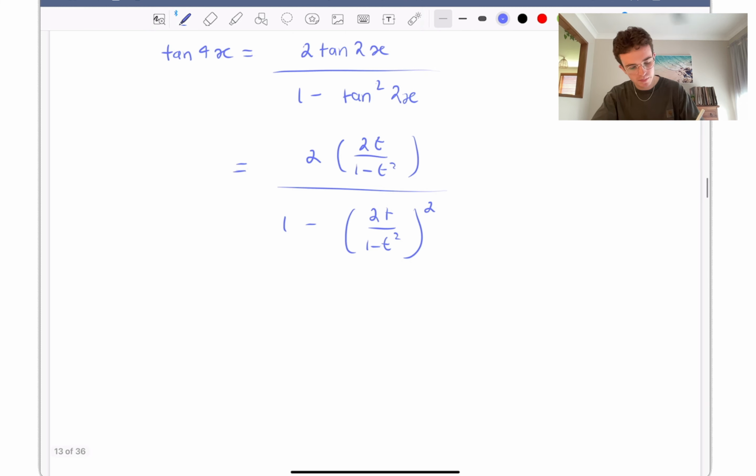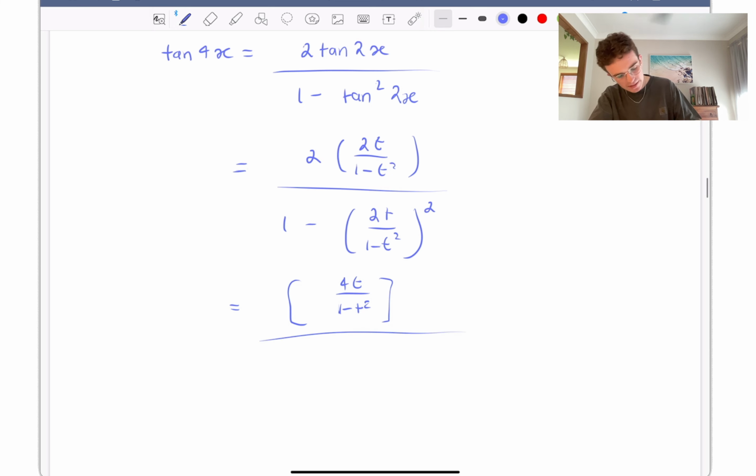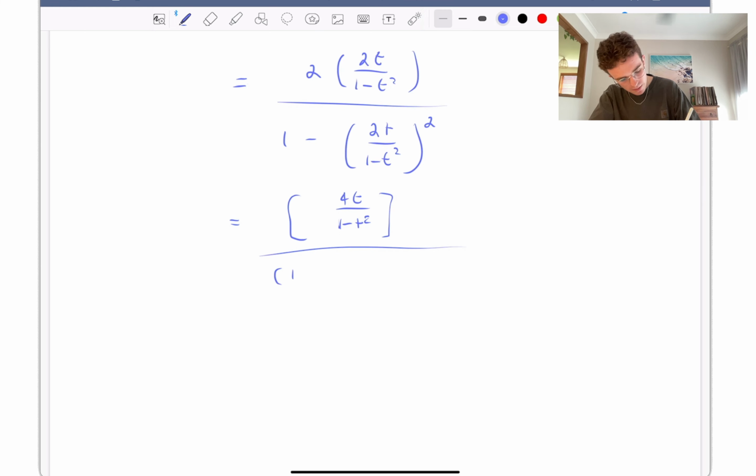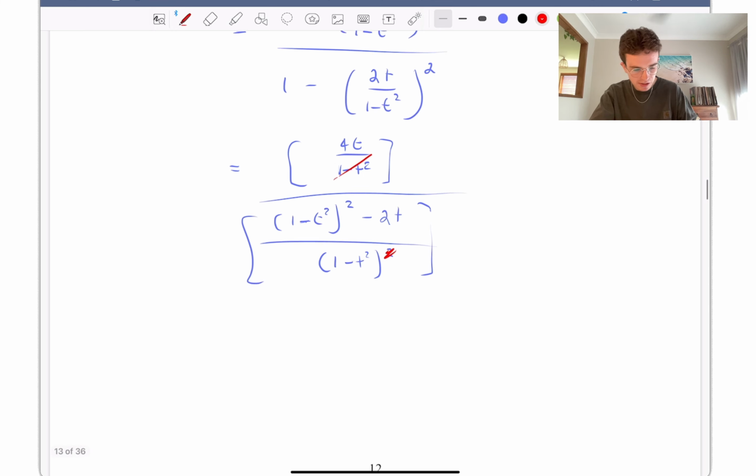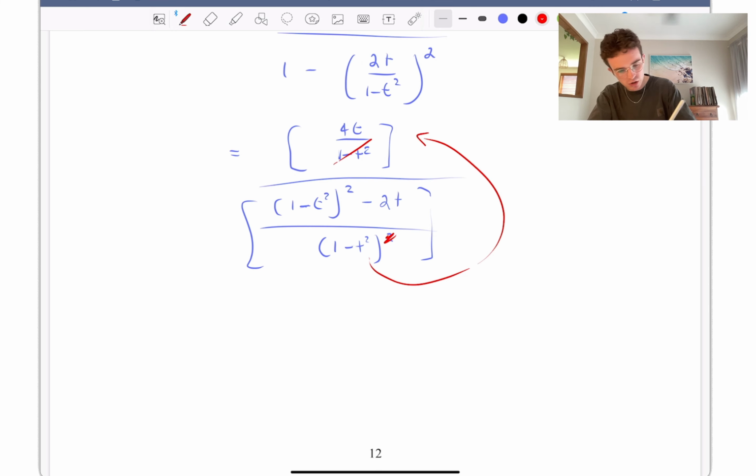Okay, we have a go at simplifying that. On the top, we're going to have 4t on 1 minus t squared. And on the bottom, if we make that a common denominator, it's going to be 1 minus t squared squared minus 2t over 1 minus t squared squared. Okay, hopefully we can see that that will die with one of those, and then this will be sent to the top.